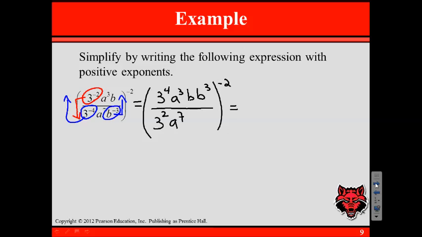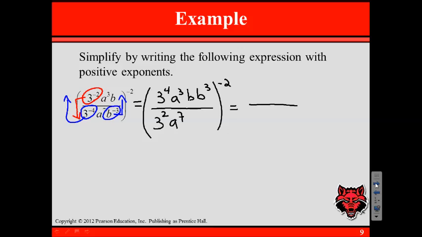At this point, we're going to use the quotient rule and the product rule, depending on the placement of the terms and the variables. Because the 3's are stacked up in division, we're going to write that 3 one time. We're going to subtract the exponents. We just have to decide if we're going to subtract the top minus bottom or bottom minus top.